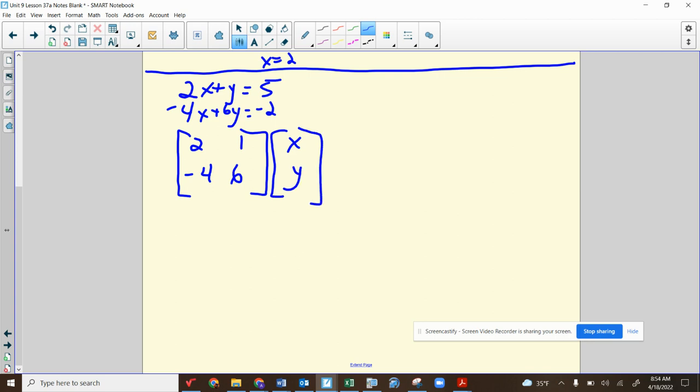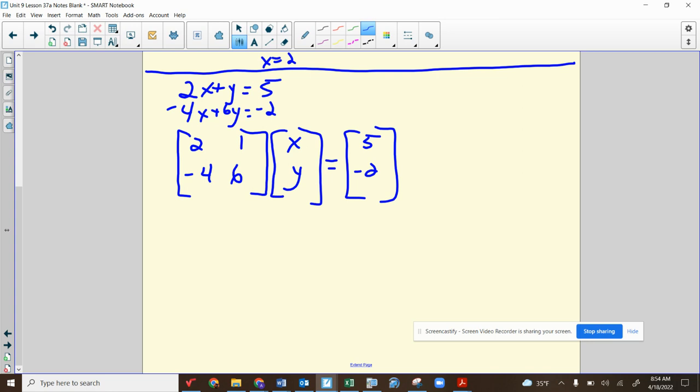If I were to take these two and multiply them together from what we did in lesson 36, and you circle these going across and you circle that going down, you would have 2 times x plus 1 times y, which is 2x plus y, and -4x plus 6y, which is that line right there. Okay, that's going to equal those two numbers there.